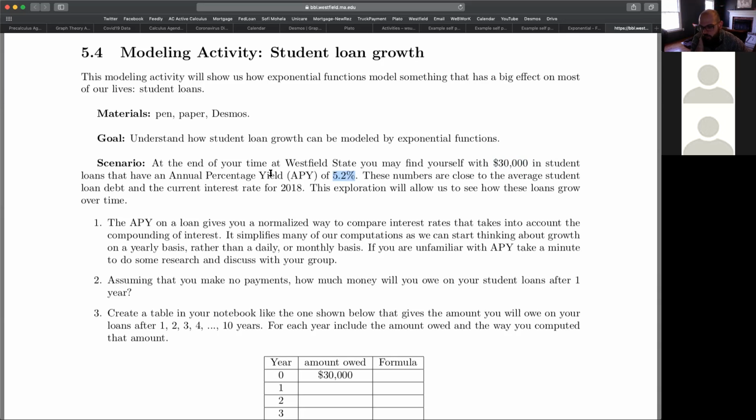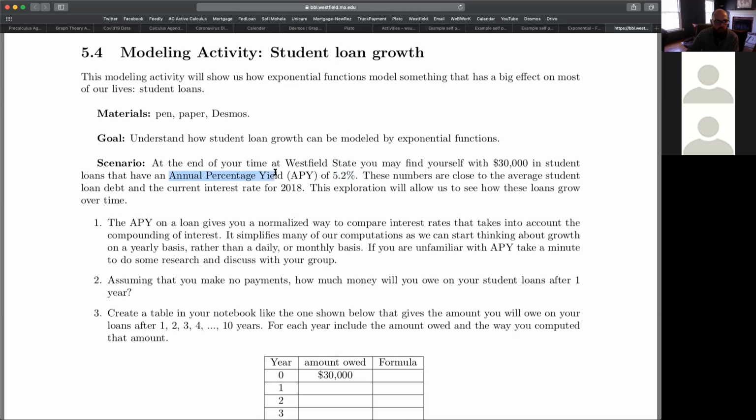So a four-year college graduate coming out on average had $30,000 in student loan debt, and they were earning about an average of 5.2% APY. The APY stands for annual percentage yield.